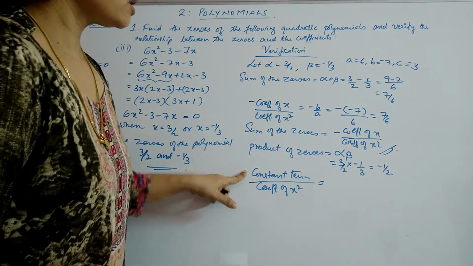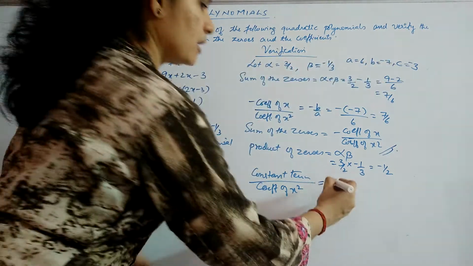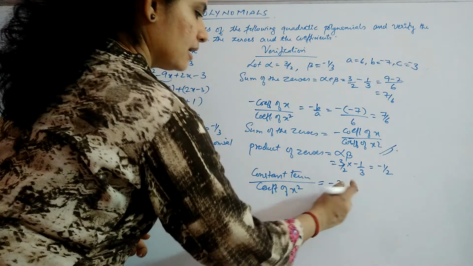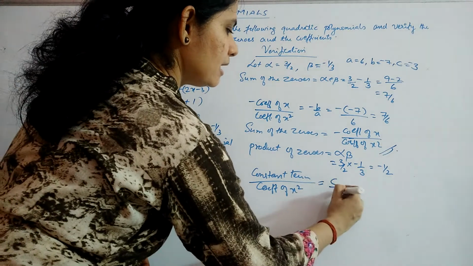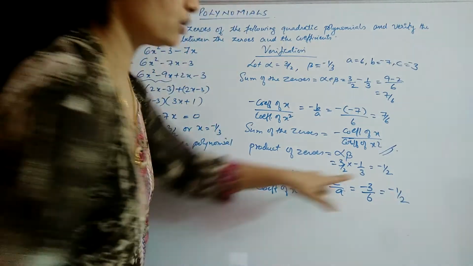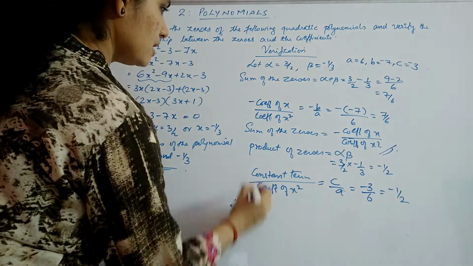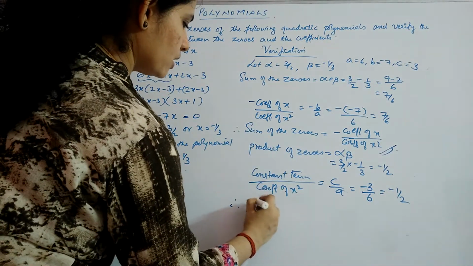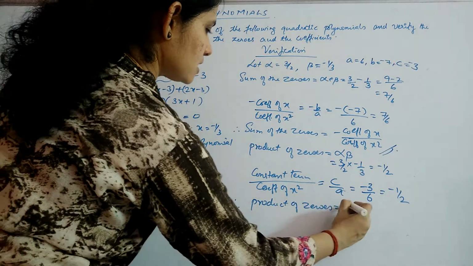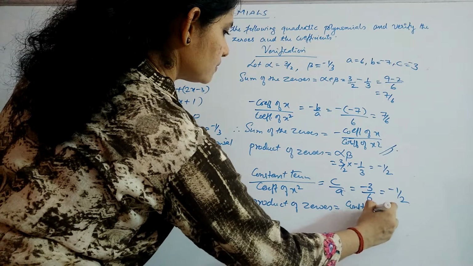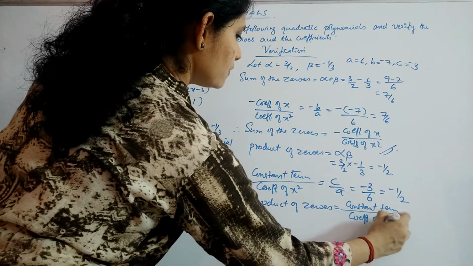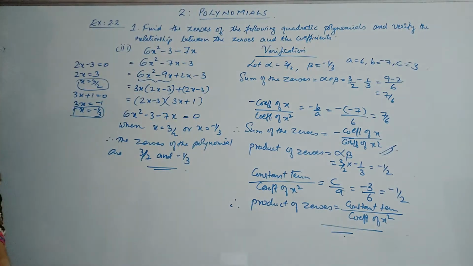Your constant term is C, which is minus 3, and the coefficient of x square is A. This is your C by A. So you get minus 3 by 6, which is minus 1 by 2. So both have the same value. Therefore you can say the product of the zeros is equal to constant term divided by coefficient of x square. Hence your verification is over.